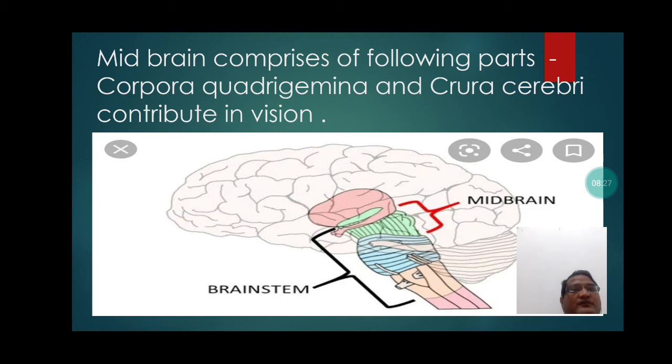Midbrain comprises of the following parts: corpora quadrigemina and crura cerebri. They contribute in vision.